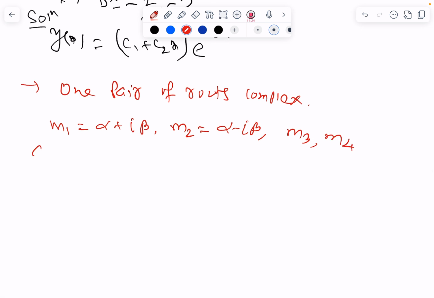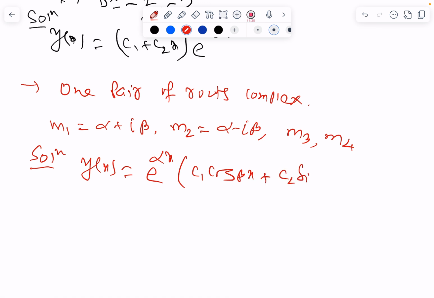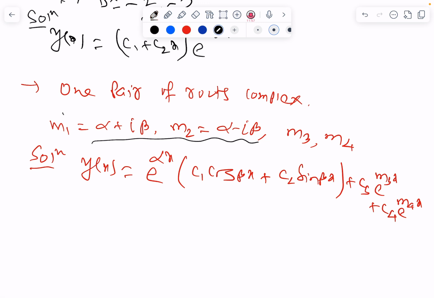In this case, the solution is e to the power alpha x times (c1 cosine beta x plus c2 sine beta x) plus c3 e power m3x plus c4 e power m4x. So when you have a complex root, we know it is always in conjugate pairs. Then the solution you can write in this way.